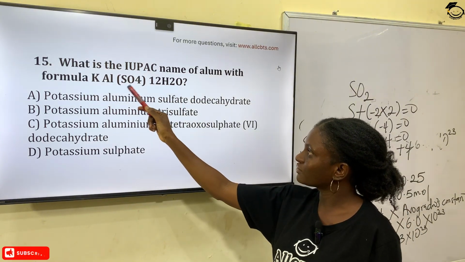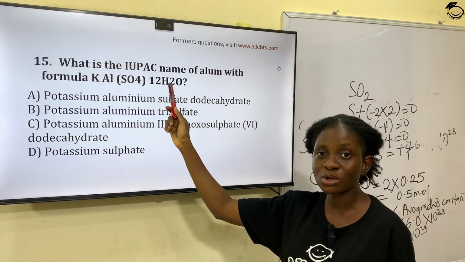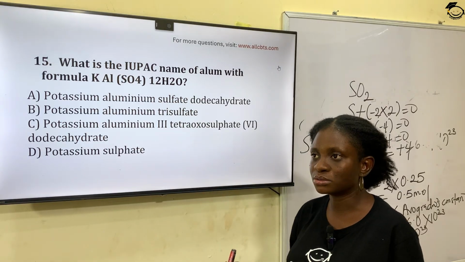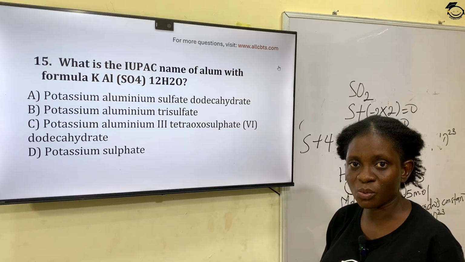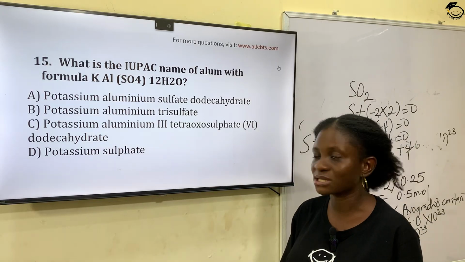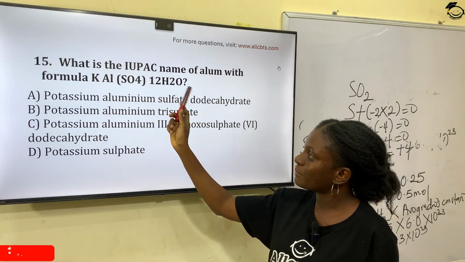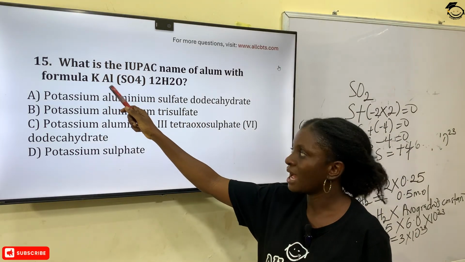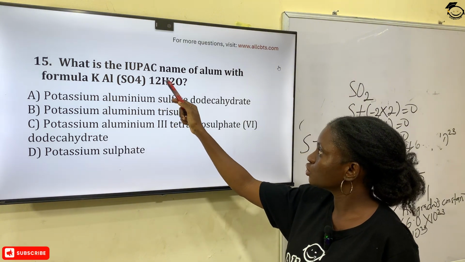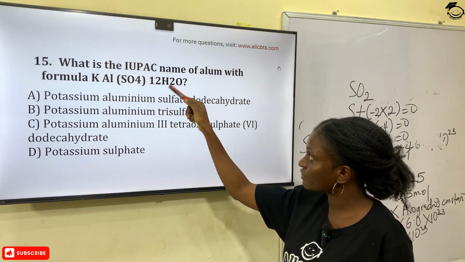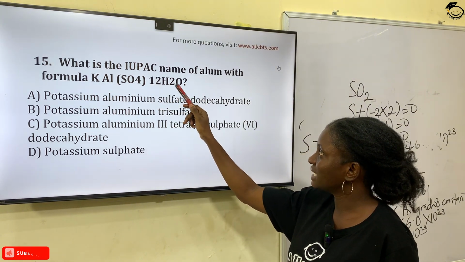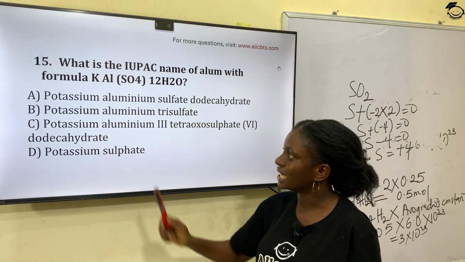So this compound, which is commonly known as alum, is used in water to coagulate dirt. The IUPAC name is potassium aluminium sulfate, 12 molecules of water, meaning dodecahydrate. So let's look at the options.